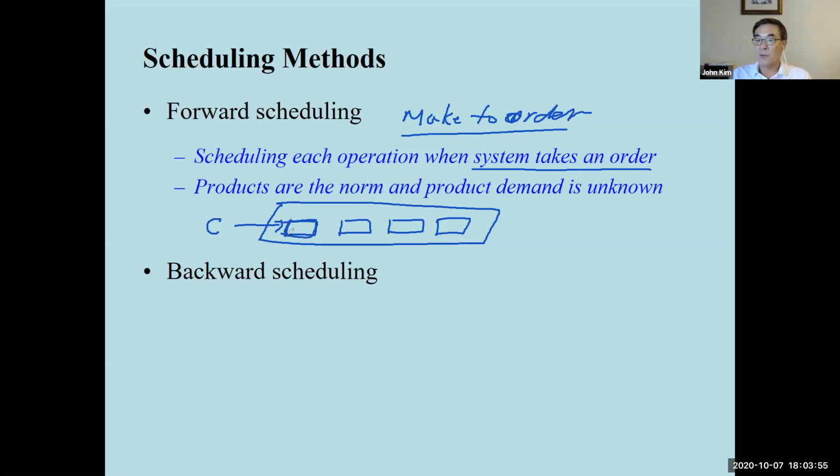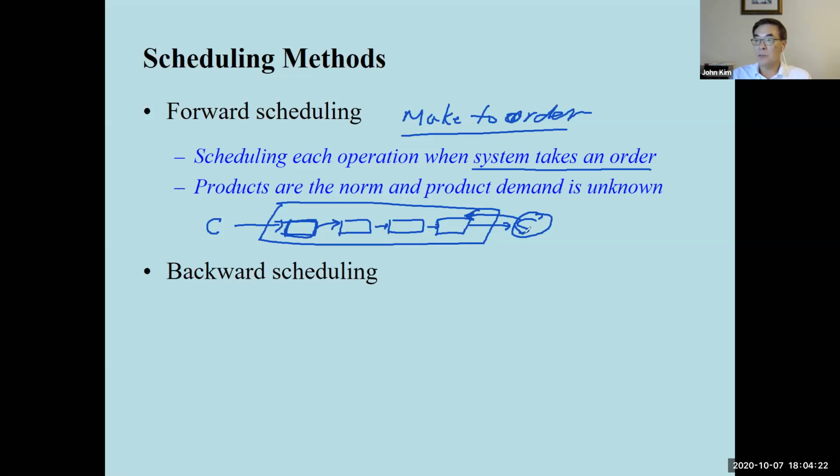this one doesn't have the final product for the customer. So it asks for parts, and so on. Then it asks a supplier. From the supplier, this system doesn't know when the part is available.